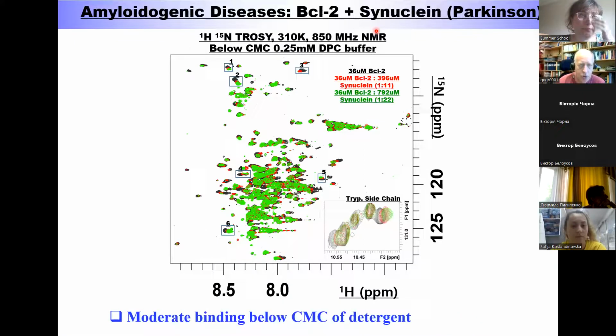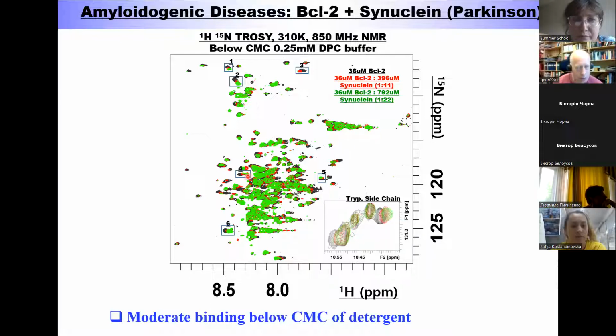Then we have another project with synuclein in Parkinson's, where you also see something if you put synuclein in, but you need a detergent concentration below the critical micelle concentration. If you have too much detergent or big micelles, then the proteins cannot see each other. You also see weaker, different changes; something is binding.